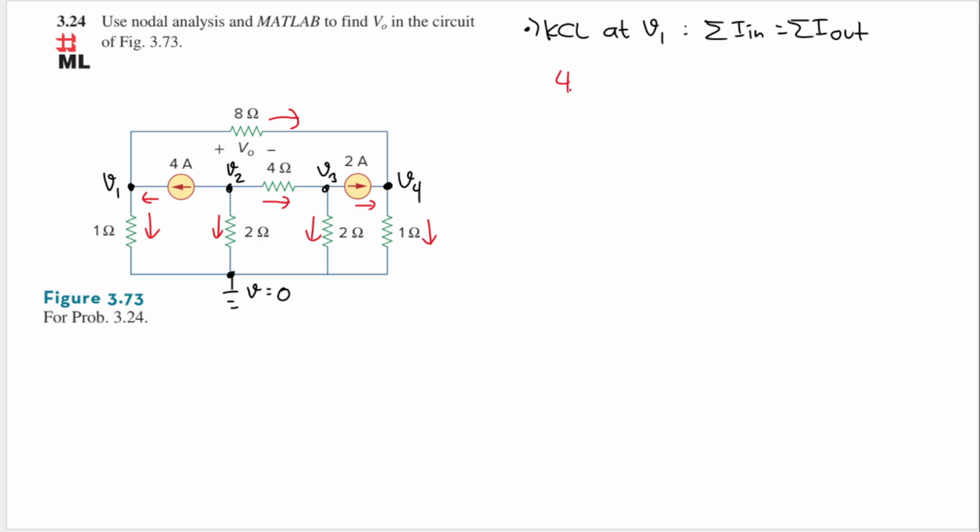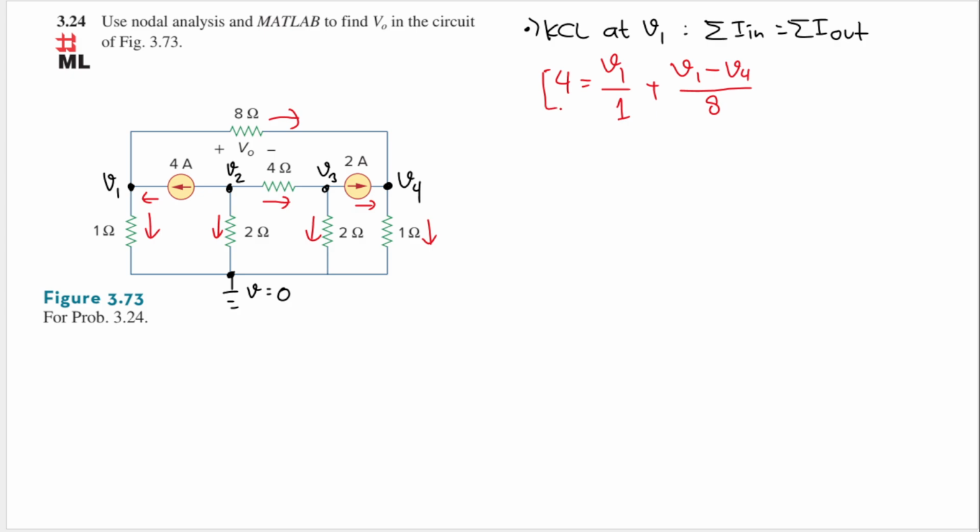So I will have 4, and that equals this one here: V1 minus 0, which is V1 divided by 1, plus this current here, V1 minus V4 divided by the resistance between them, which is 8.